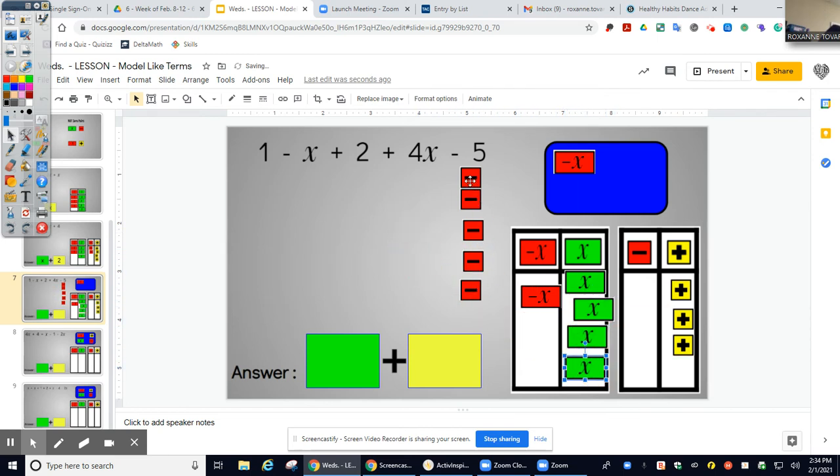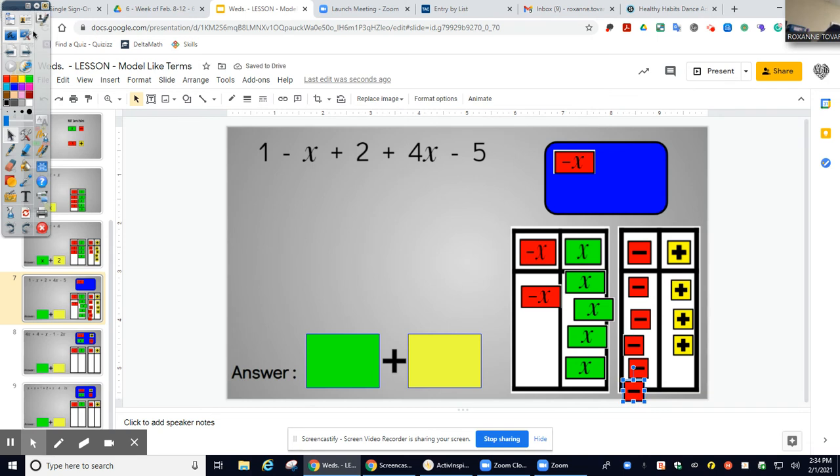And then 5 negatives, so we're going to put our 5 negatives here. Notice I'm putting them together by family because I cannot combine different families, right? Only family with family.